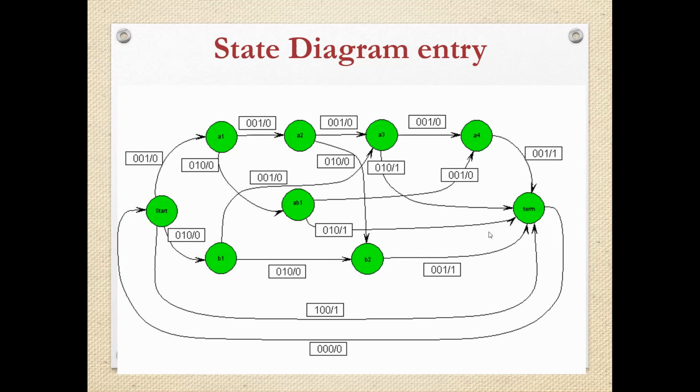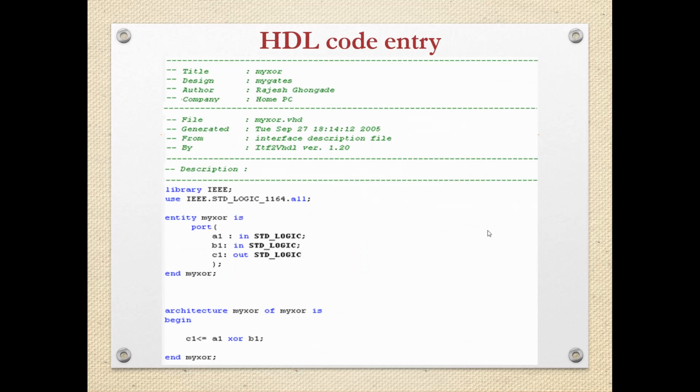The third method is the HDL code entry. A designer can enter his or her design using a hardware description language, HDL. The HDLs prominent in the industry are VHDL and Verilog.